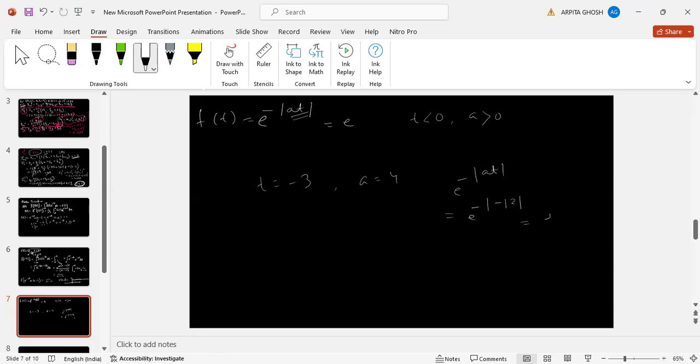So it's your e to the power minus 12 mod, that is plus 12, by the minus sign thaklo. Isn't it? So this can be written as e to the power minus 12, e to the power 4 into minus 3, isn't it?